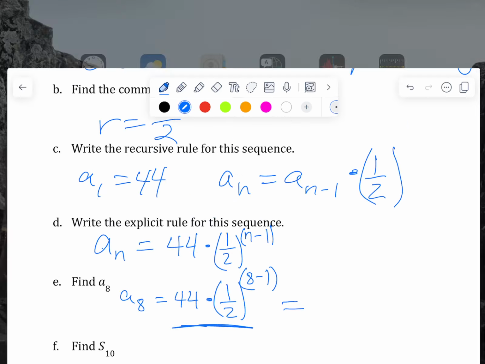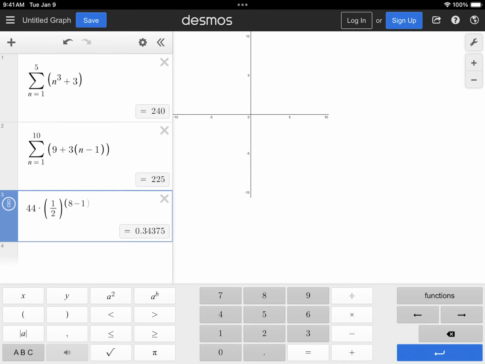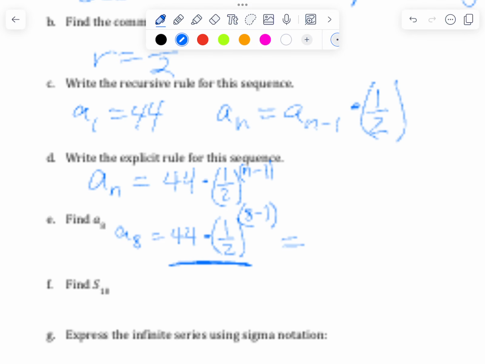So I go into the calculator and I type 44 times 1/2, and raised, and then I want to put this in parentheses and then just put 8 minus 1. And you get 0.34375.